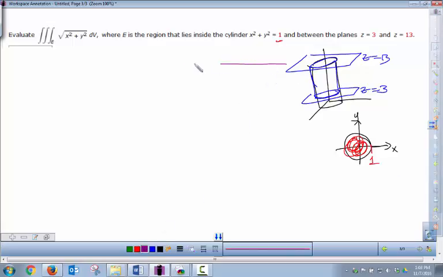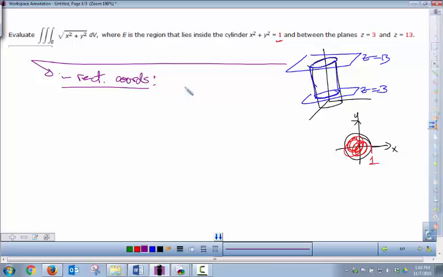So let's start with that. In rectangular coordinates, we would integrate this, probably want to integrate it with respect to Z first.